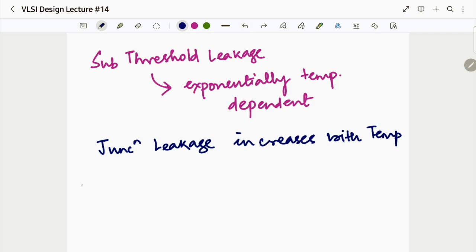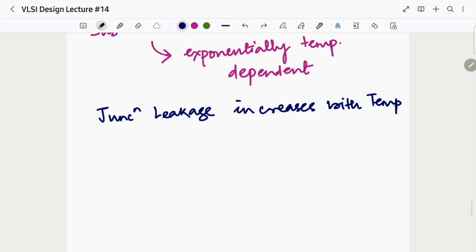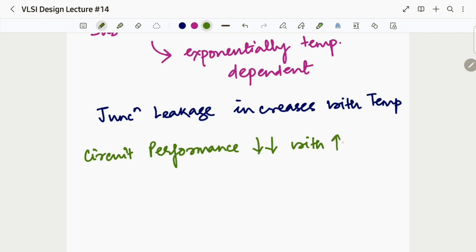Okay, and amidst all this, in totality, the circuit performance actually decreases with increase in temperature.